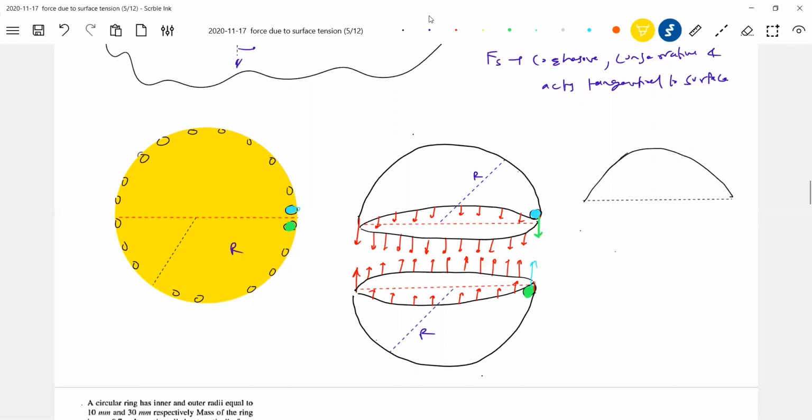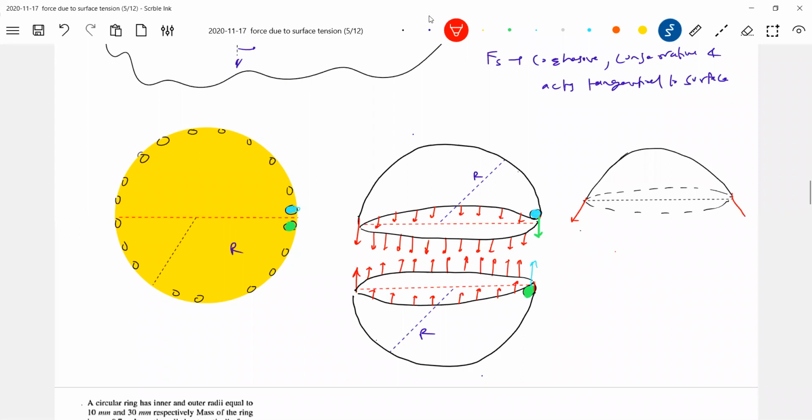Okay, everything is a liquid. To show a dotted line. Now, instead of cutting the lemon exactly at the diameter, you are going to make a chord here. You are going to cut it. So tell me how the force due to surface tension.